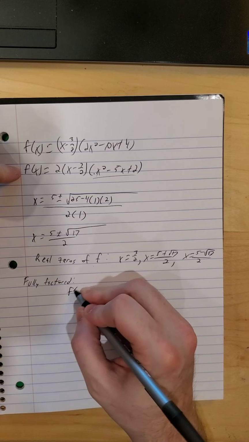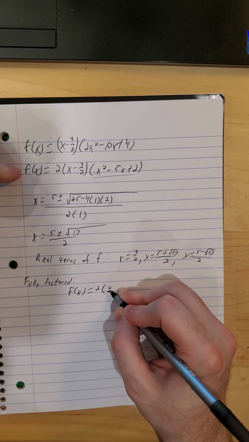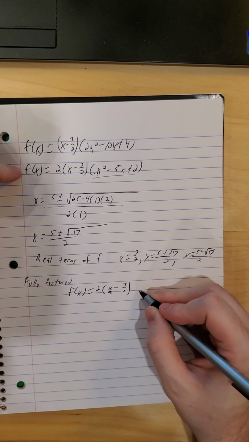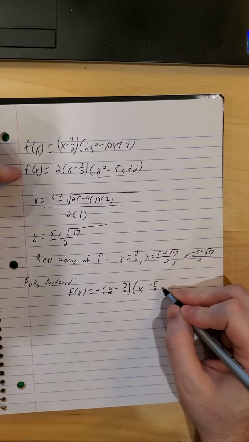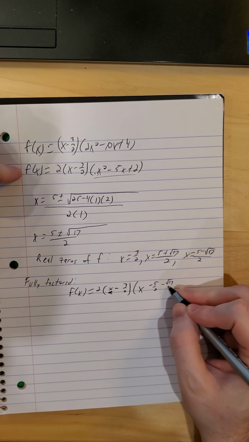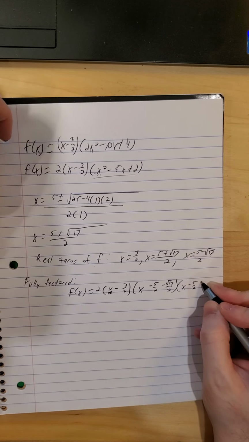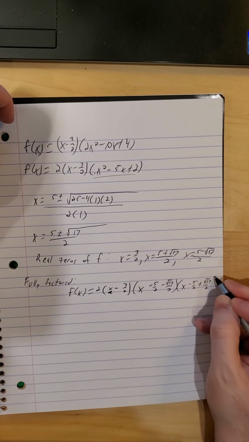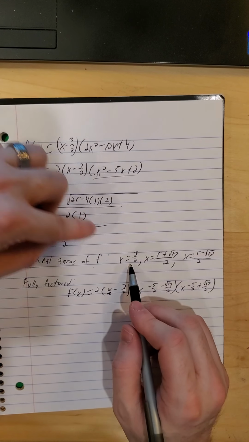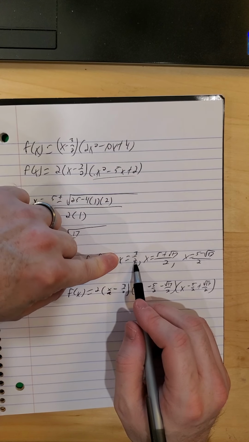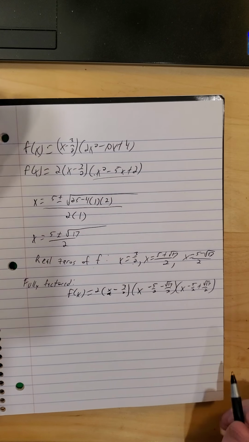So then f of x is 2 times x minus 3/2 times x minus 5/2 minus root 17/2 times x minus 5/2 plus root 17/2. So we're just flipping the signs, similar to how if x equals 3/2 was a zero, x minus 3/2 was a factor.